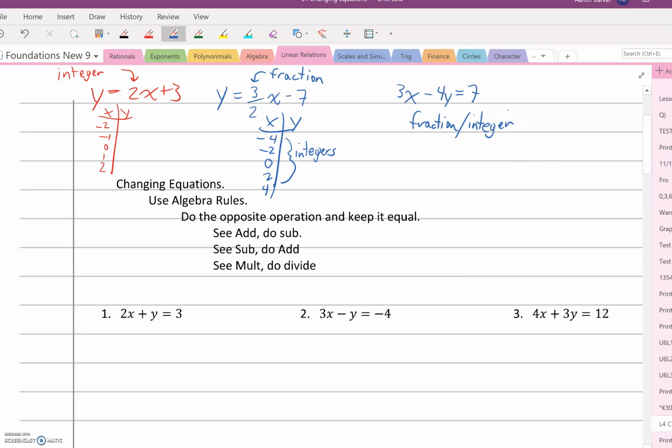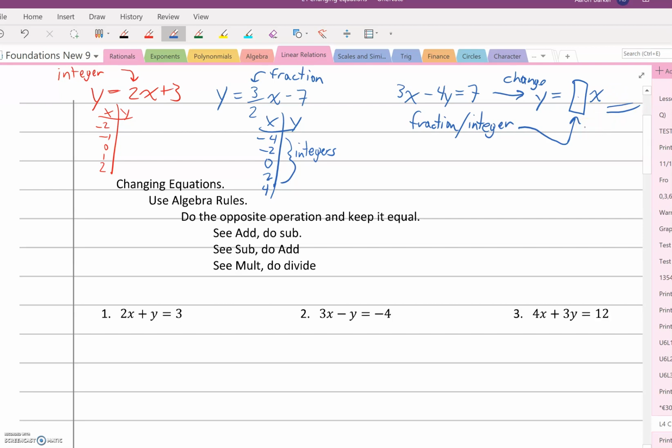We want to be able to change that. Okay, when we have an equation, we want to change that so that we see it as a y equals. And then when we have y equals, we can see what our rate of change is. Okay, so we can then see it once we change it. And the rest part doesn't matter, a constant value.